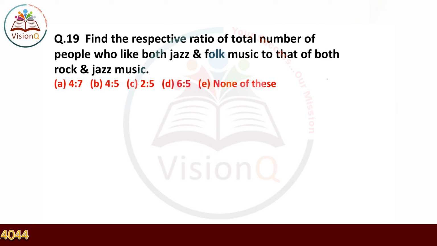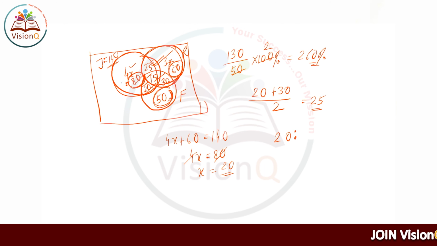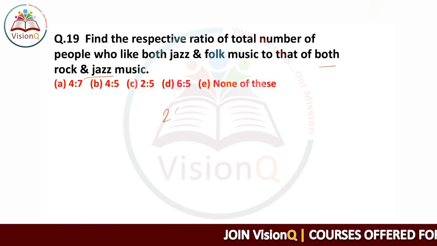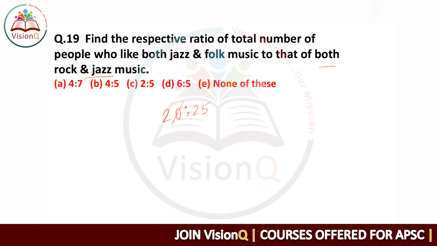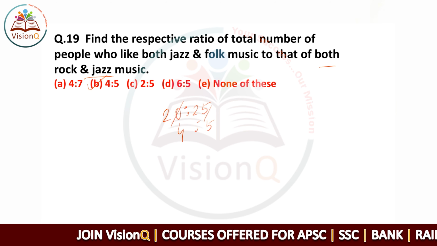How many people like both rock and jazz music? So rock and jazz music is 25. So I have to find a ratio between 20 is to 25. So 5 4s are 20, 5 5s are 25. The right answer is option number B, 4 is to 5.